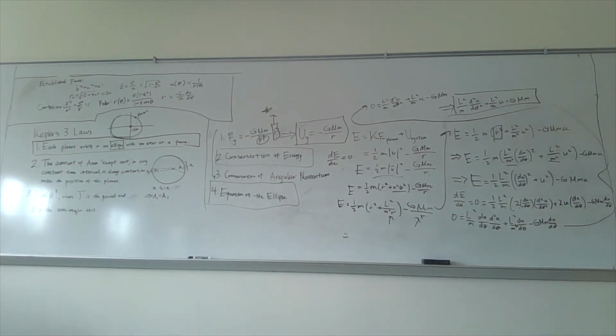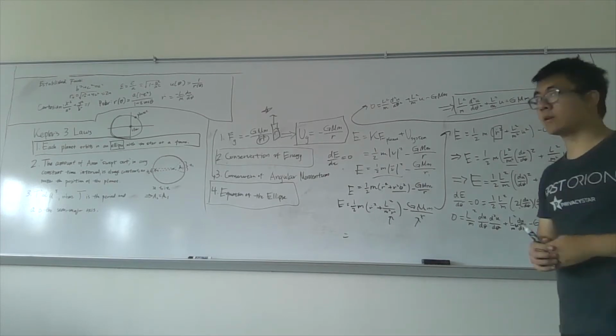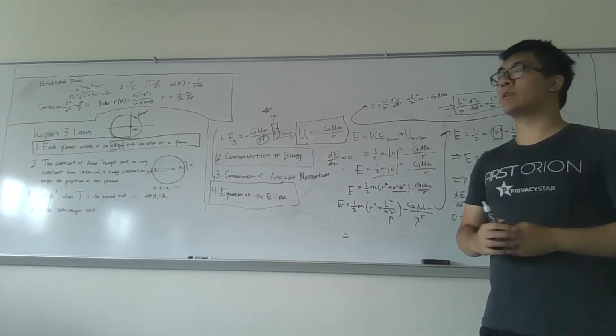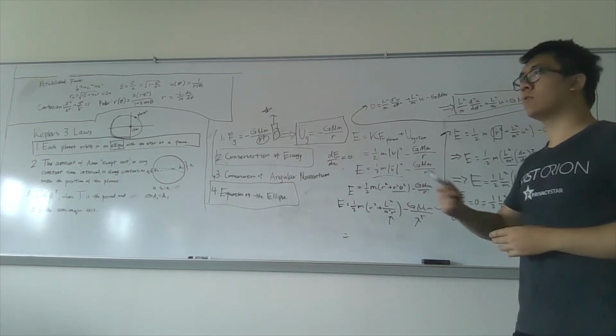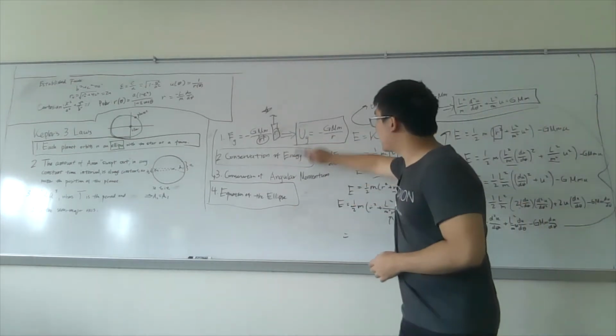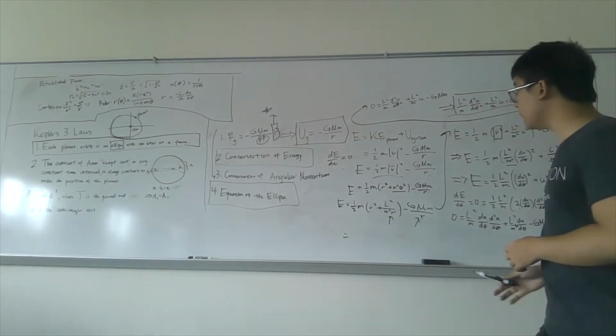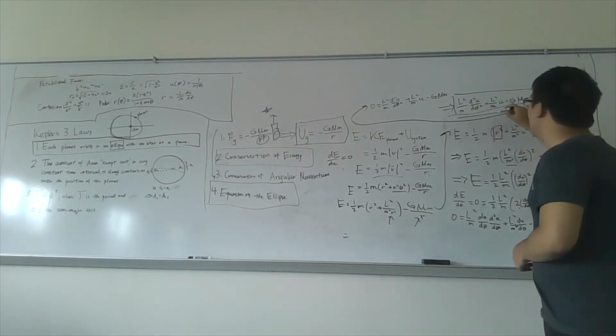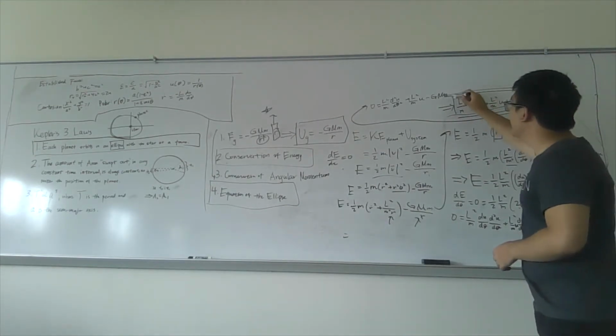And you are absolutely correct. Our proof is not done. This is simply the first part of the proof, where we rewrote the energy equation and used these facts to rewrite it in this form.